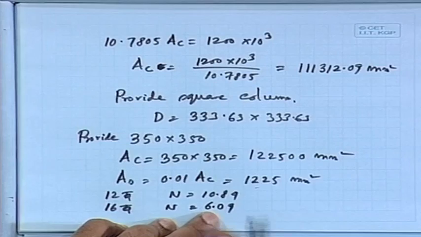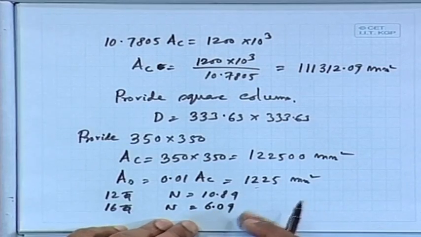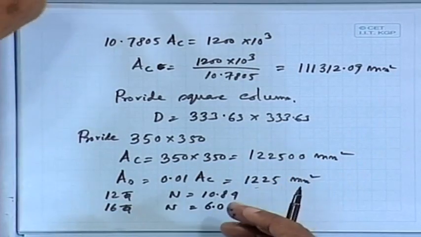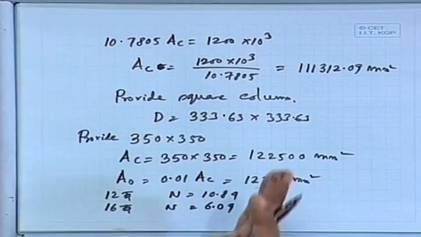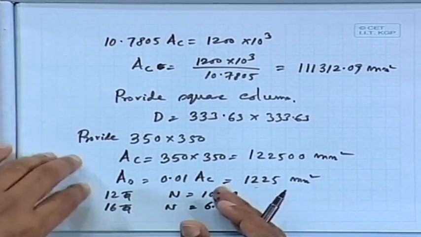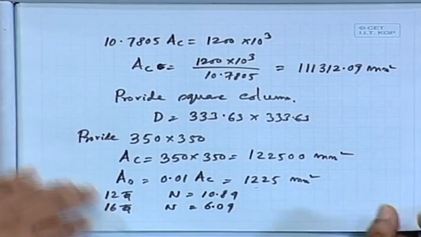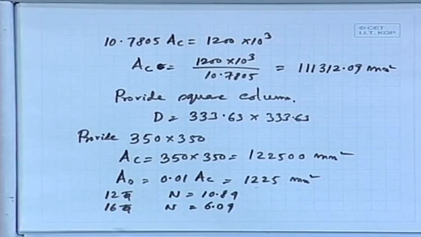So, in that case you can find out, even then, how far we are, just 1200 kilonewton to accommodate that, how far we are deviating. So, it is not the one that there is any tolerance. So, you have to go restricted with that one also, the number of bars. So, we can provide say 16 torque.